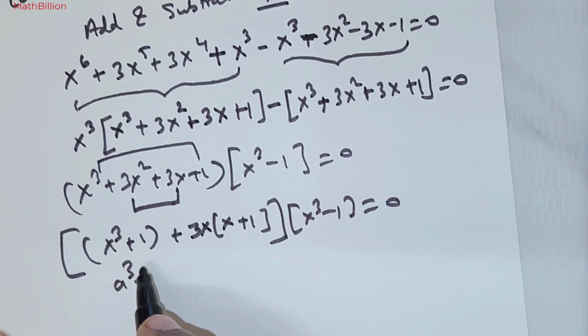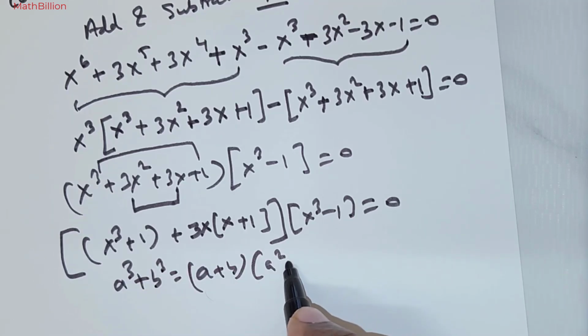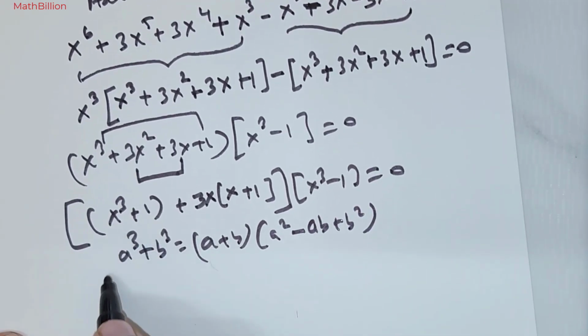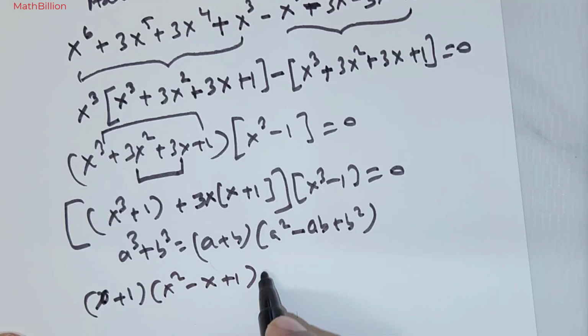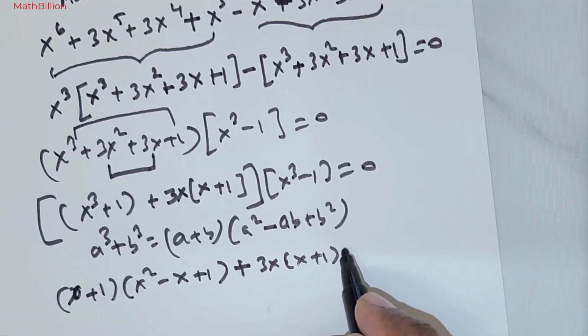Now if you were to utilize the a^3 + b^3 formula, this would be (a + b)(a^2 - ab + b^2). So this is going to be (x + 1)(x^2 - x + 1) + 3x(x + 1).